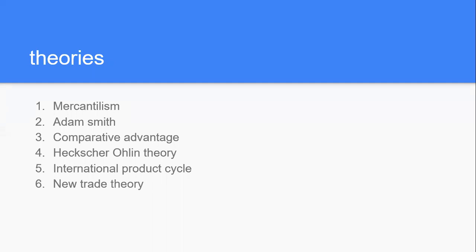For instance, I can give an example with Zambia and Congo. Let me say Zambia has an advantage in producing cotton. It means the production cost is a bit lower in Zambia for cotton as compared to Congo.